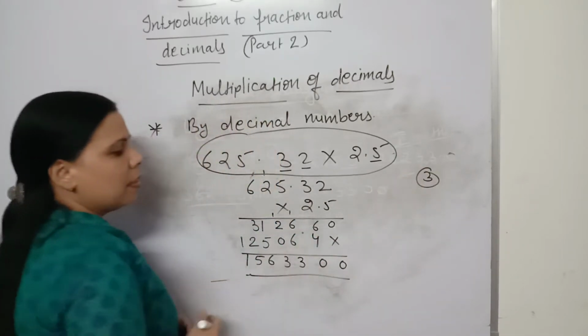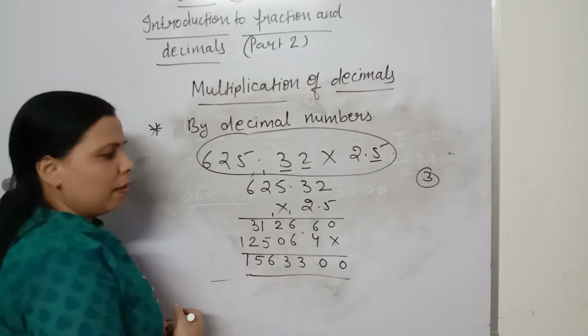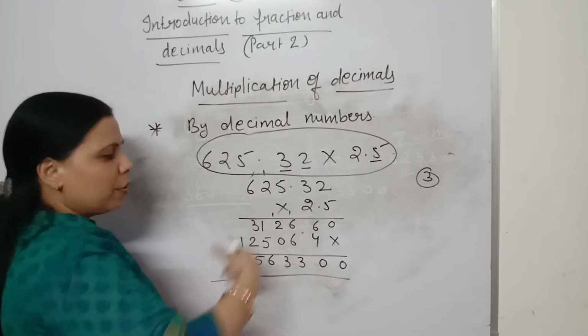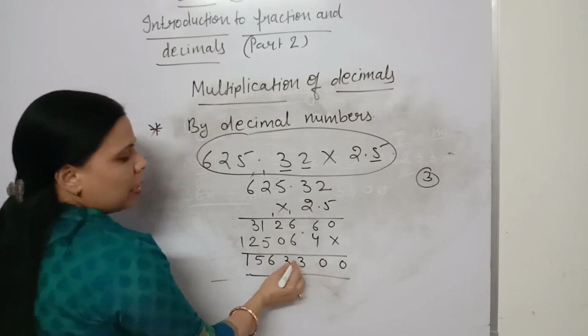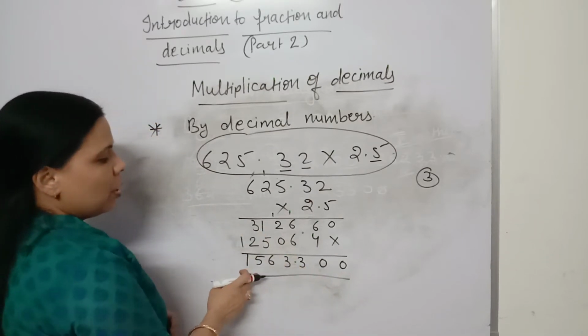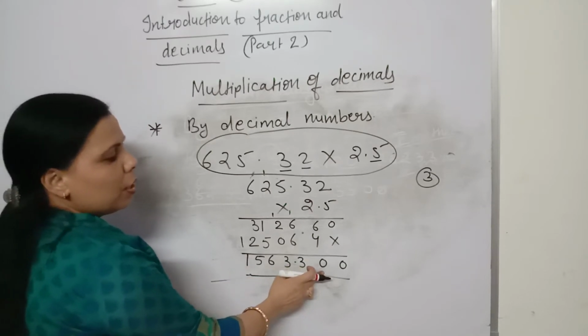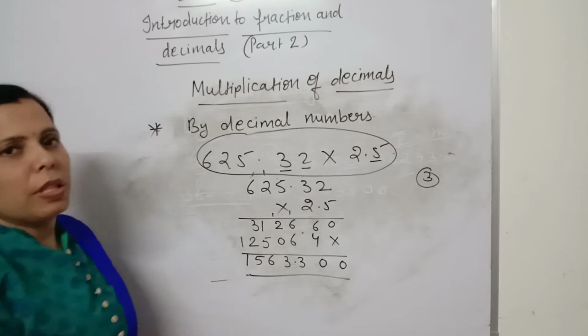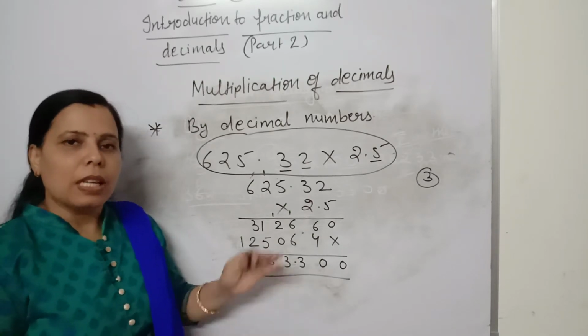Now in your answer you have to put the decimal before 3 digits. So read from right side. 1, 2, 3. Your answer is 1563.300. So as I told you in the beginning, the 0 has no value if after that nothing is written.